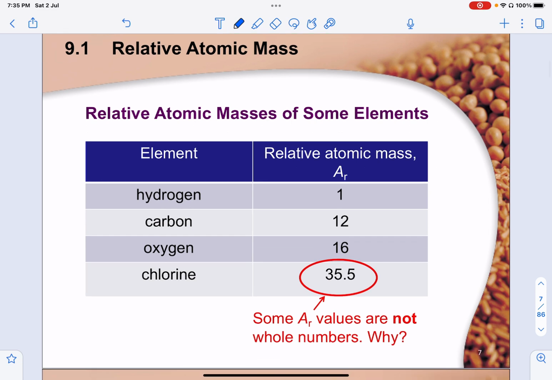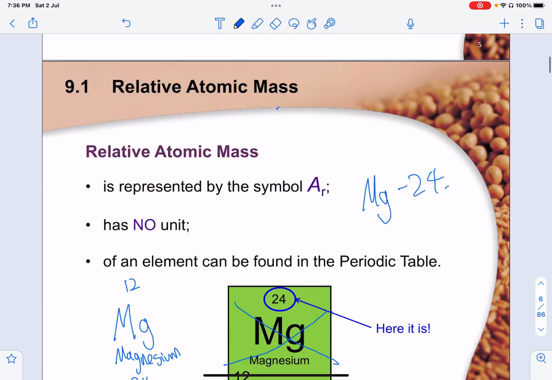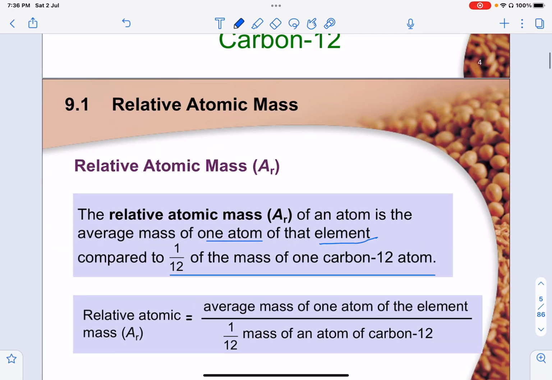One way to realize this is when we look at chlorine. Chlorine actually has a decimal point here, and the reason why they are not whole numbers is because of the concept of average. Now, what does it mean by average?